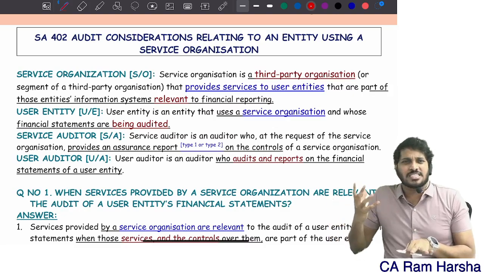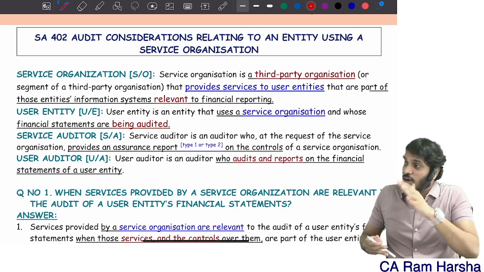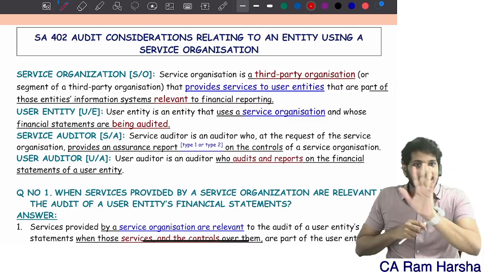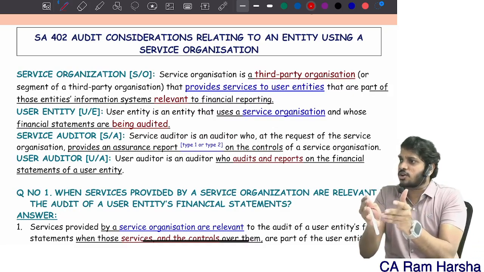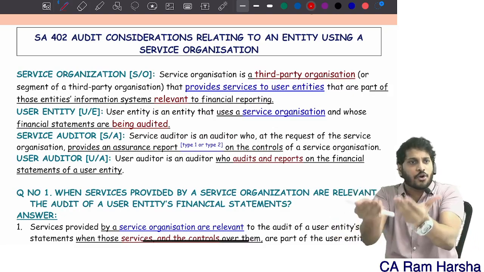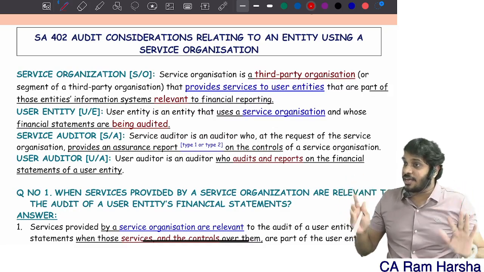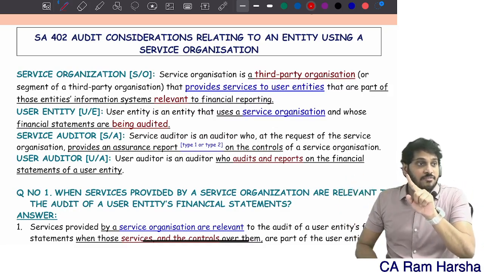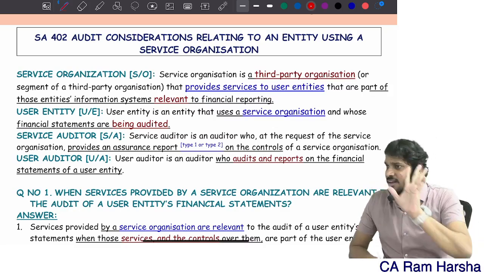Sometimes I may not be concerned about the operating effectiveness of controls because my risk assessment will not contain that requirement. For example, I am doing an audit of a private limited company whose turnover is less than 50 crore and borrowings are less than 25 crore, which means I am exempted from verifying the operating effectiveness of internal financial control.